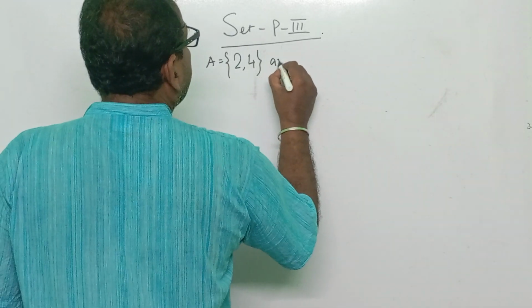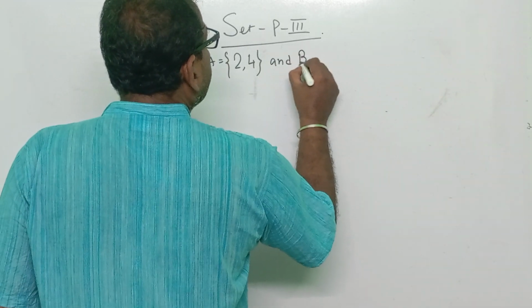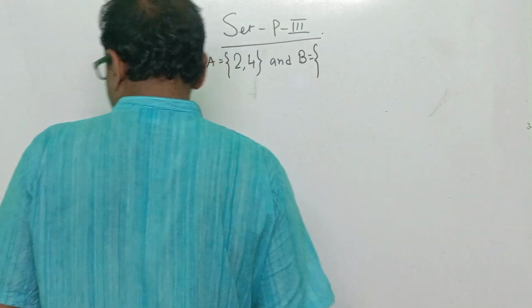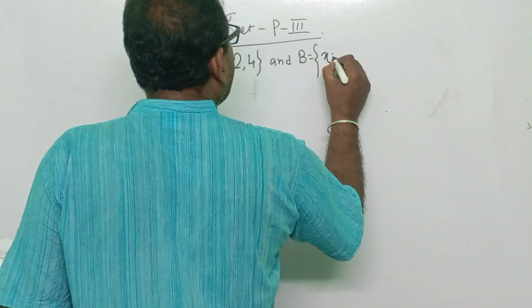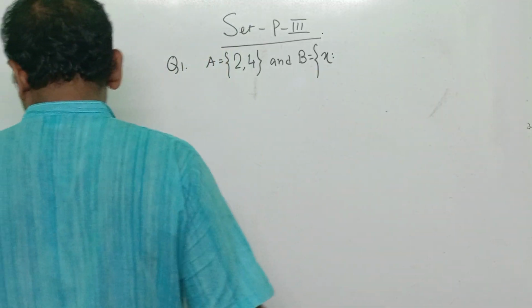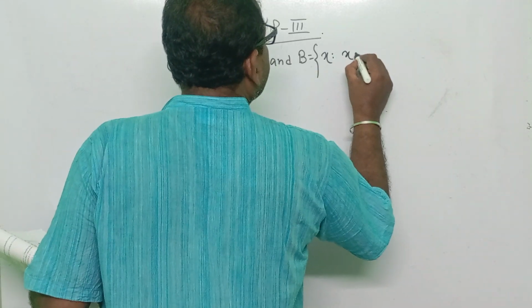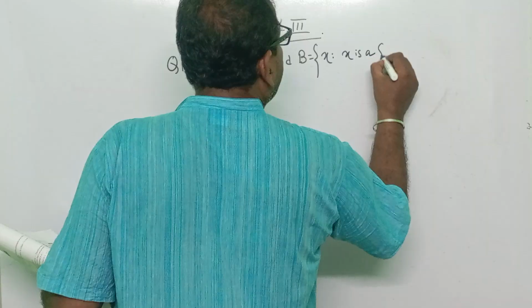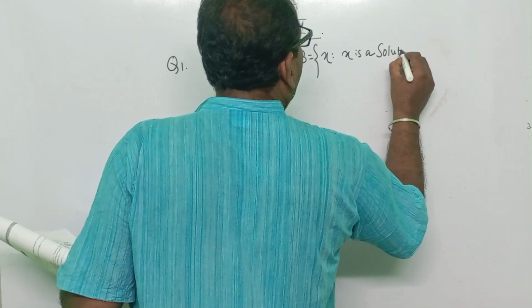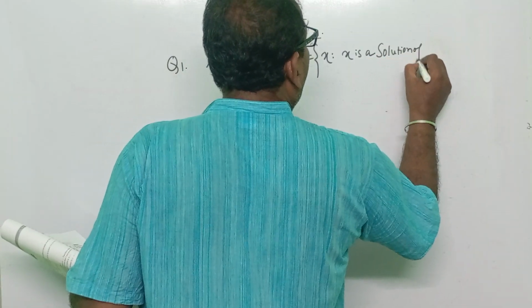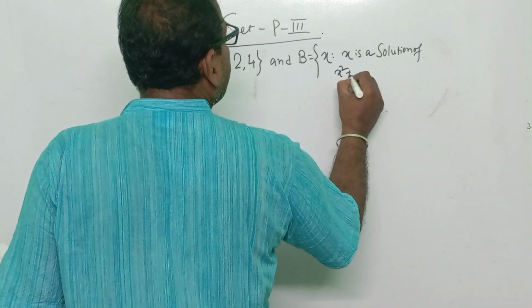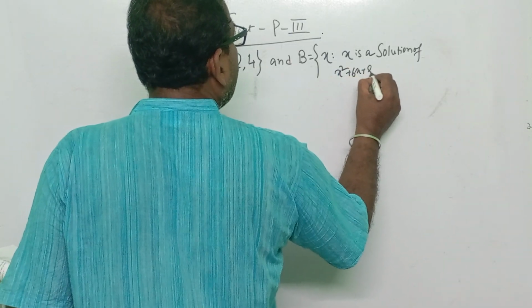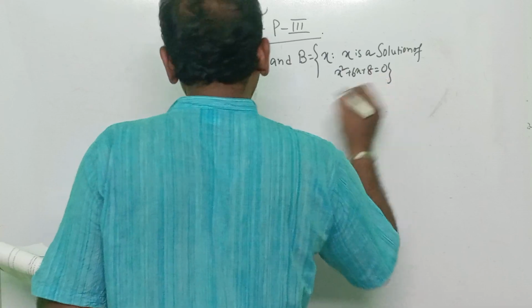And B is a set where x is an element and x is a solution of x square plus 6x plus 8 is equal to 0.